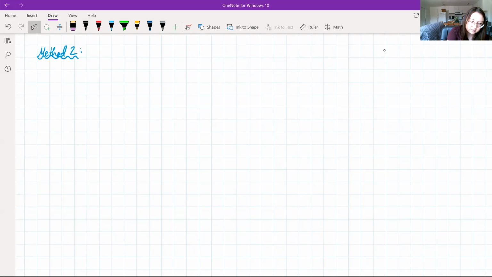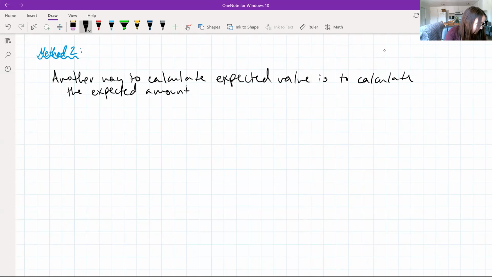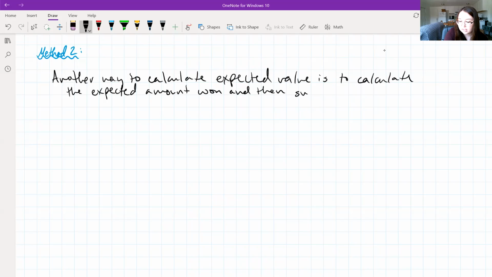So we can say another way to calculate expected value is to just calculate the expected amount won and then subtract the cost of the ticket.